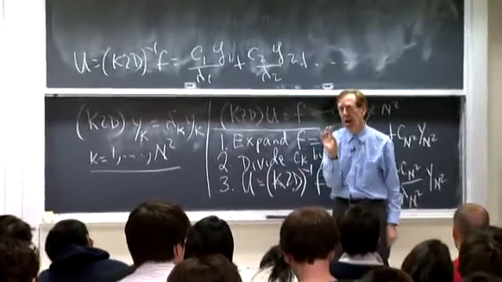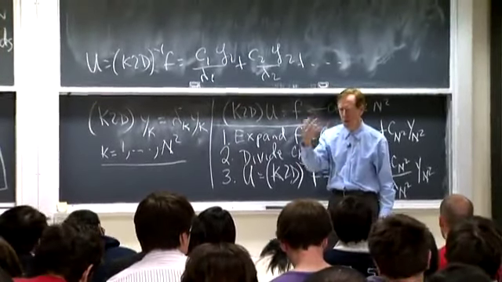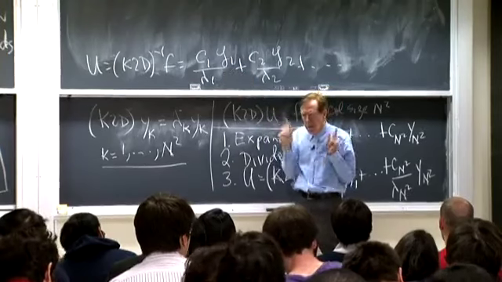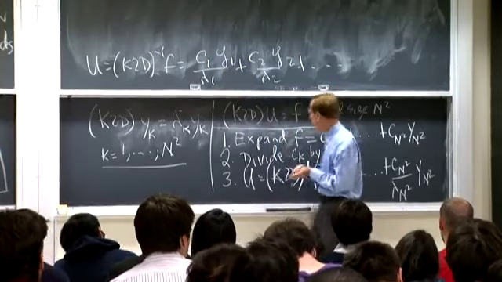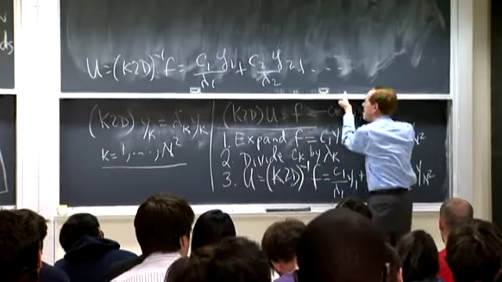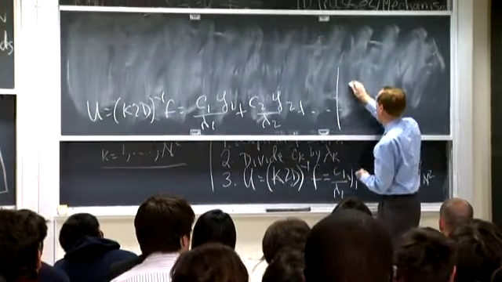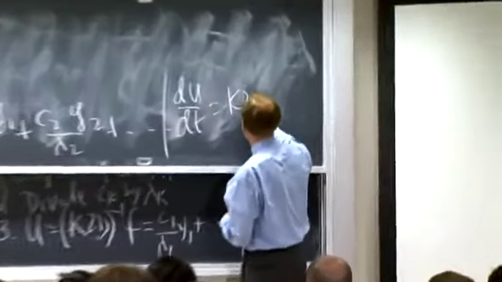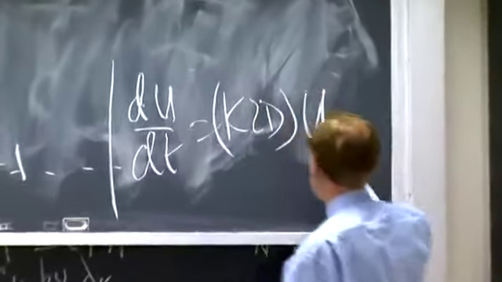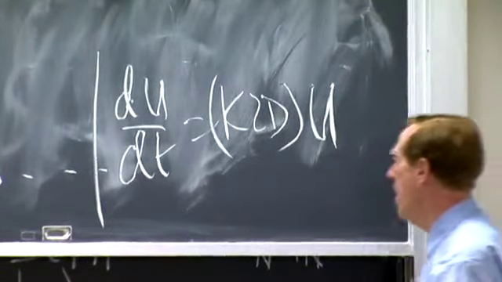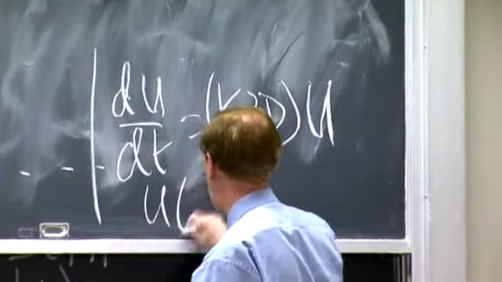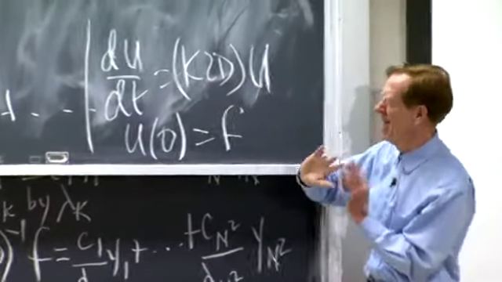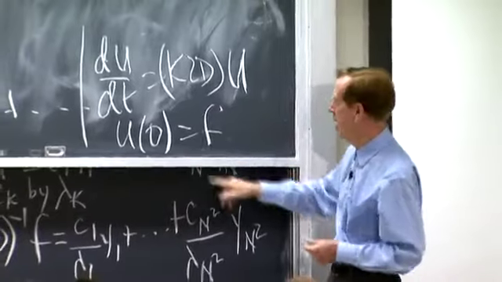Do you see that I'm just dividing by lambda, where if it was a differential equation, this is just what we did for differential equations. What did I do for differential equations? Suppose I was solving du dt equals K2D u, starting from u of 0 as F. I just want to draw the analogy.